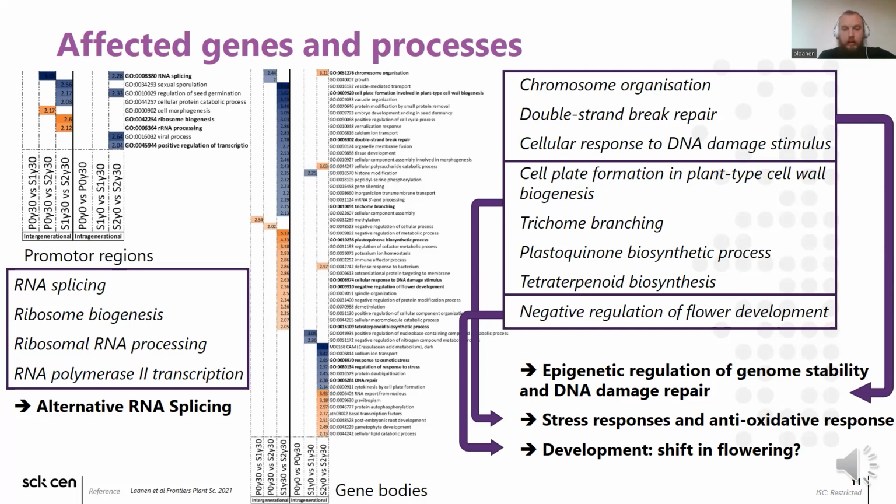Alternative RNA splicing is often used as a dynamic tool to adapt to changing environments and stressors, generally used by plants to overcome these issues. The fact that we see a clear association here could also indicate that this might be a stress response.